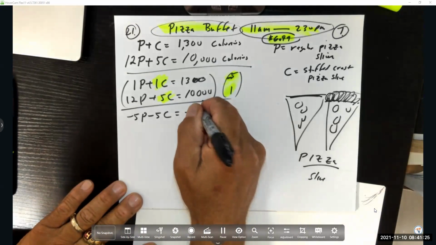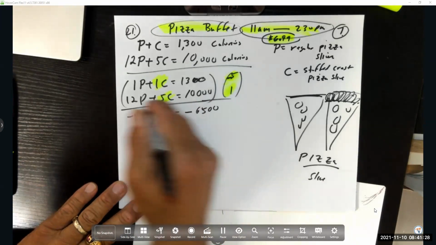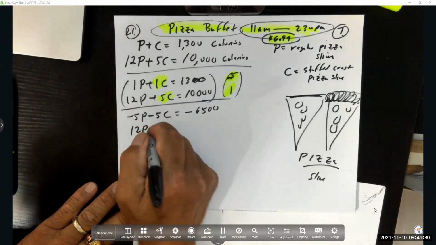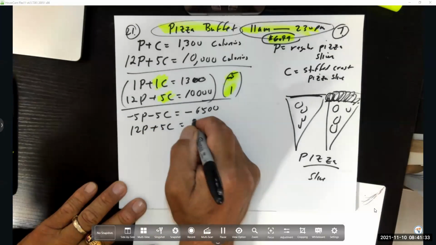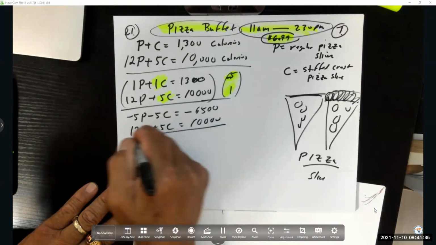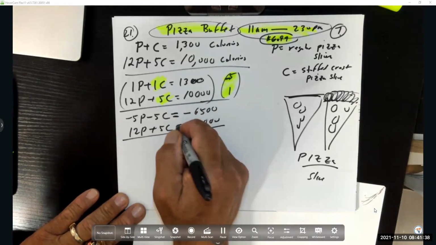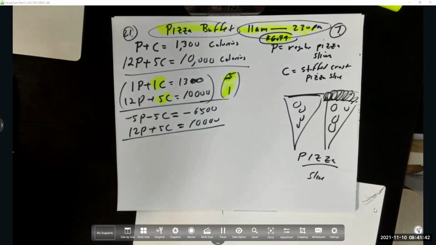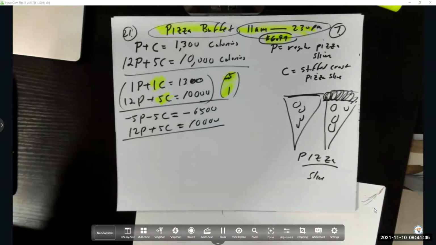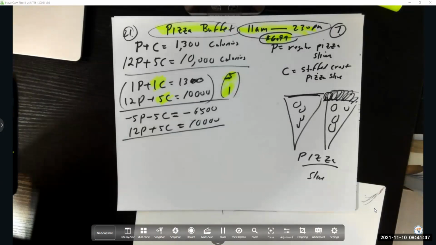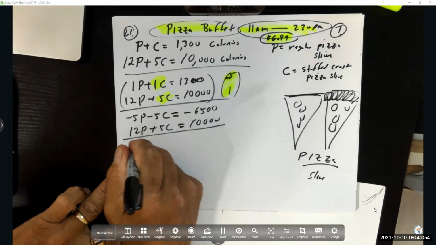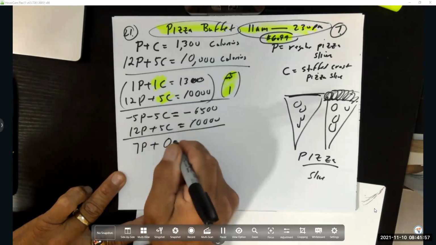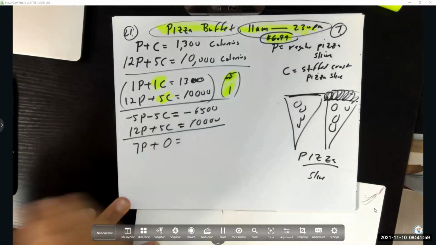And 1 times the bottom one, that's the same thing: 12P plus 5C equals 10,000. All right. So now I have 12P minus 5P. What is that? 7P. Okay.